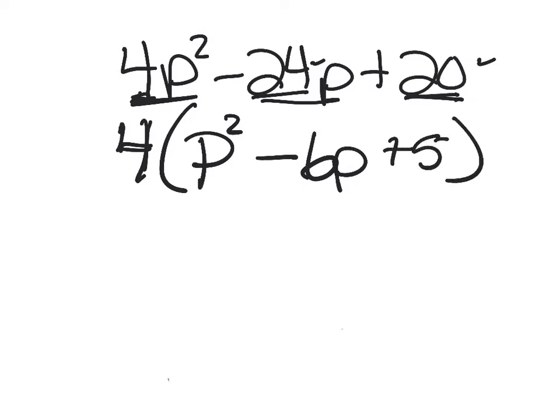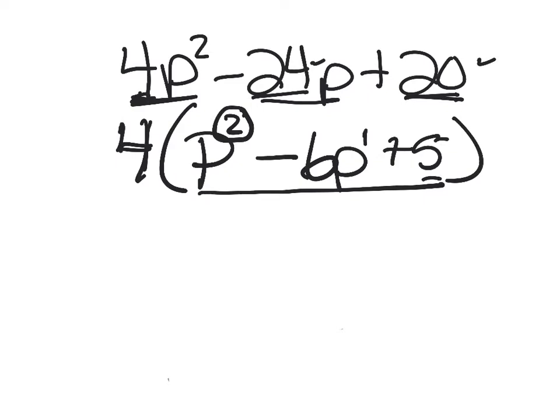Okay, so now I'm going to look at this inside, and it's a quadratic because it's got a variable squared. I've got the standard form of a quadratic, a variable squared, then a variable to the first power, and then a constant. So I'm going to see if I can factor that.